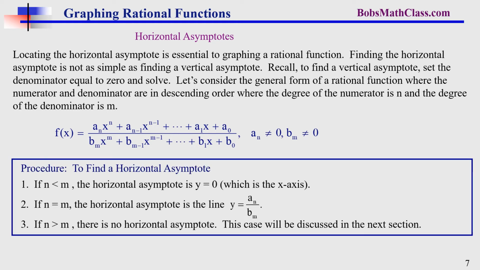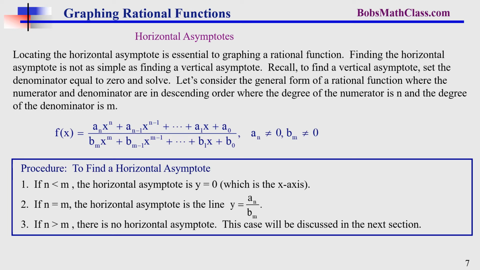Okay, here's what we're going to do. This is our procedure. If the degree of the numerator is less than the degree of the denominator, that means if n is less than m, then the horizontal asymptote is simply y equals 0, which is the x-axis. So if the exponent on top is smaller than the exponent on the bottom, it's y equals 0.